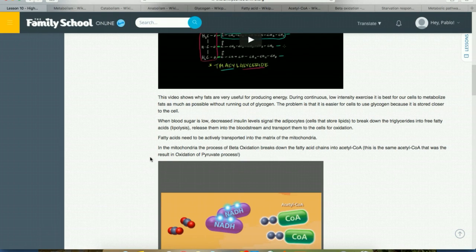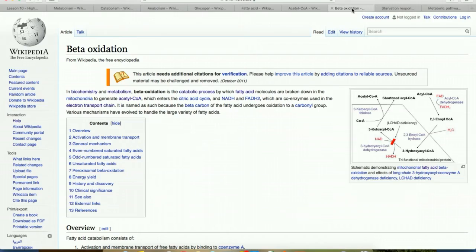So the process here of beta oxidation, let's look that up and see. Beta oxidation in biochemistry and metabolism.